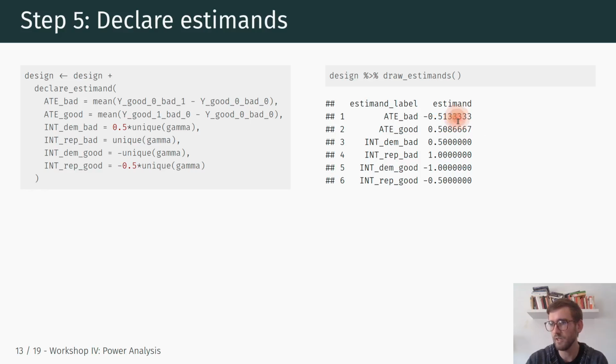Okay, so the two average treatment effects are actually based on the differences between those potential outcomes, and these are actually based on the true gamma that we're using in this scenario. Okay.